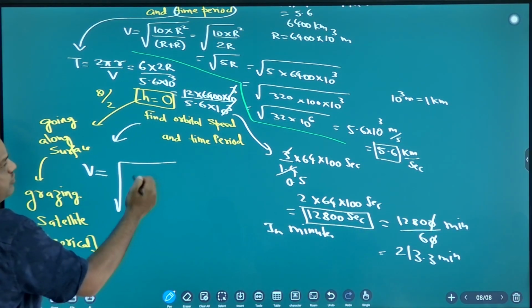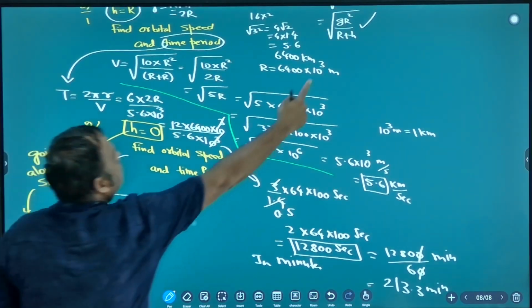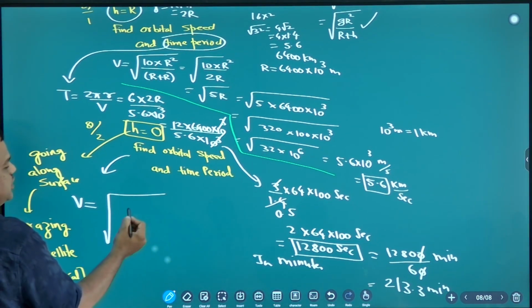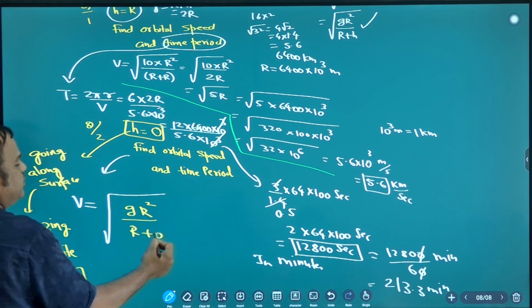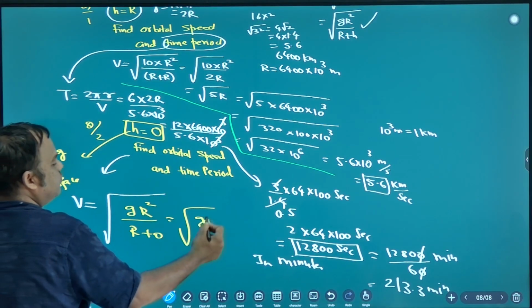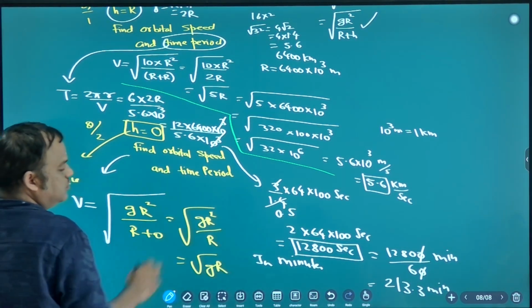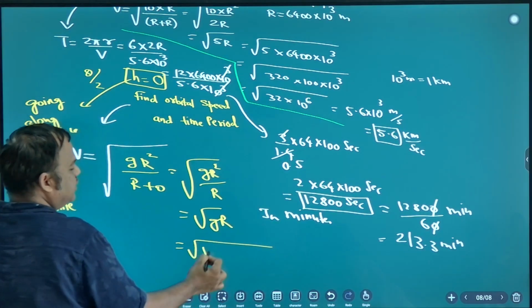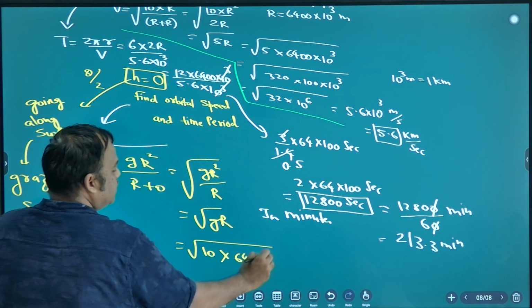So what is the formula? Use the small g formula. Square root of g R square by R plus 0, so square root of gR. Understood? Now substitute the values. What is small g? 10. Capital R, radius of Earth, 6400 kilometer.